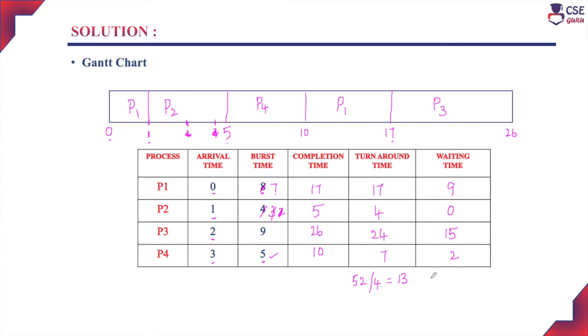So the waiting time of all the processes is 26 divided by 4, which is equal to 6.5 milliseconds. So the average waiting time of all the processes is 6.5 milliseconds and the average turnaround time is 13 milliseconds.